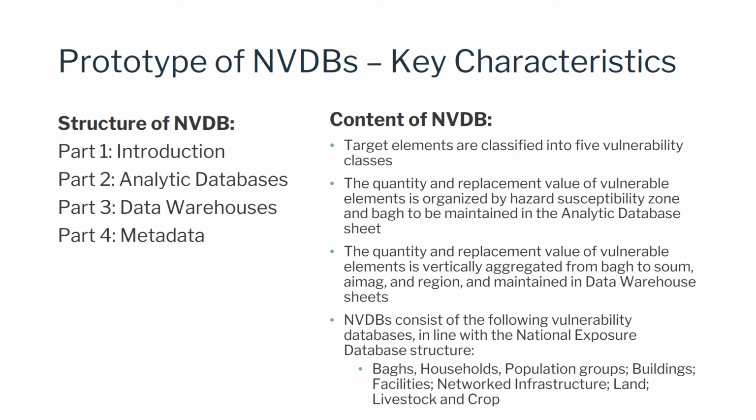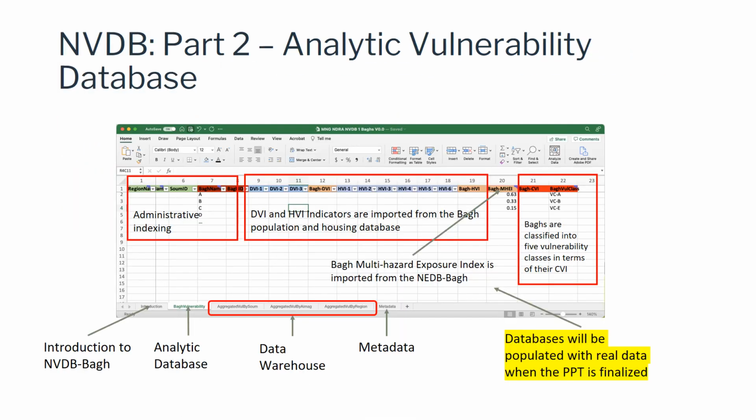Section 3.3 is the prototype of the NVDB, the National Vulnerability Database, with the key characteristics of a target element and the analyzed vulnerability index.